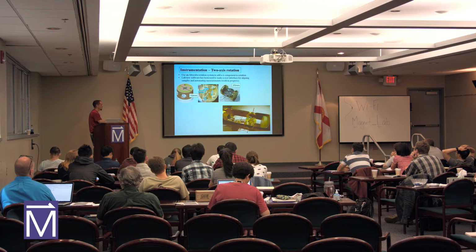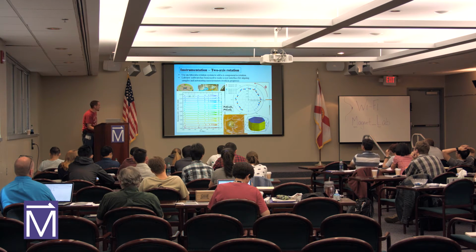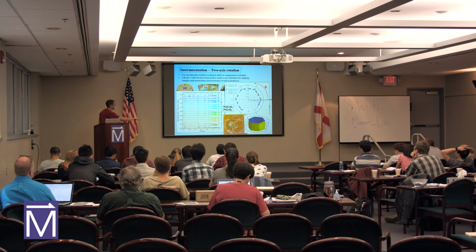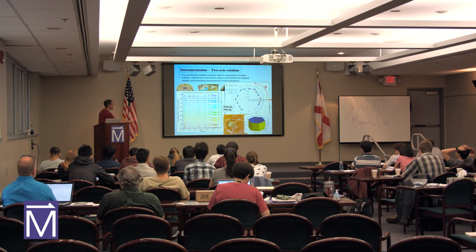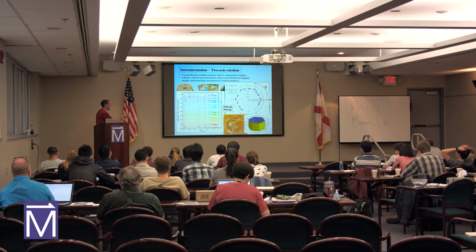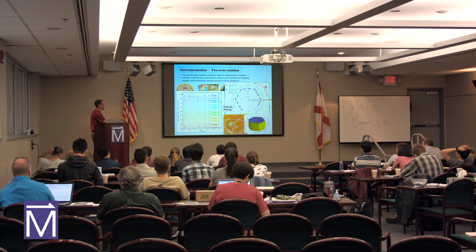With the samples we put in place, we got a complete set of AMRO data. Again, these are angle sweeps, and when we complete an angle sweep in theta, we move the sample a little bit in phi, 20 degrees. So it's 20 degrees different for rotating the sample in phi between all these sweeps. Analyzing all this data, once again we find the Fermi wave vector of the sample.